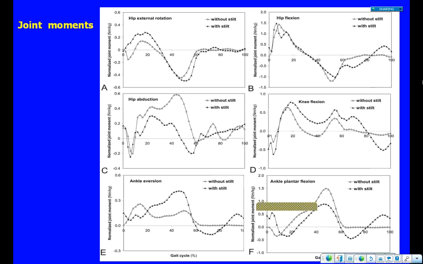The leg has to overcome the motion of the stilts in the swing phase. Without stilts, it's just free. With stilts, you have to overcome this motion to stop the stilts' motion, actually. That's why with stilts, there is a joint moment in the swing phase.